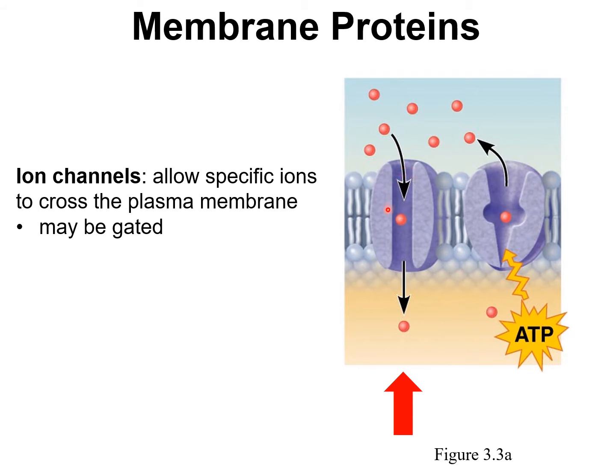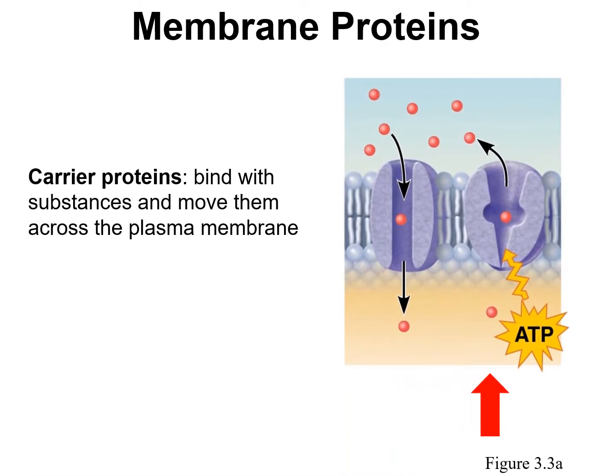Typically, the portion forming the borders of the tunnel are hydrophilic, and they allow for hydrophilic substances, therefore, to pass through. Note that sometimes these ion channels can be gated, meaning closed at sometimes and open at other times.